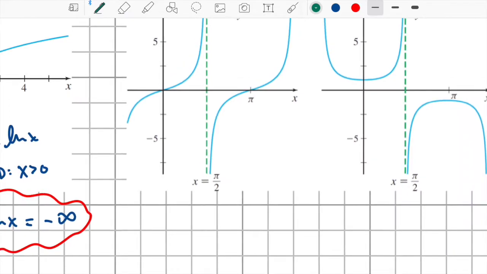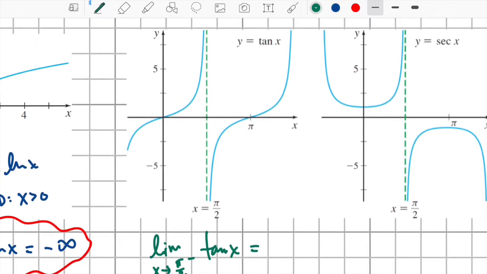So if I say limit as x approaches pi over 2 from the left of tangent of x, let's see what happens. As we approach pi over 2 from the left, the graph is increasing without bound. So therefore it is going towards positive infinity. For positive infinity, you don't have to write the positive in front, just leave it out.